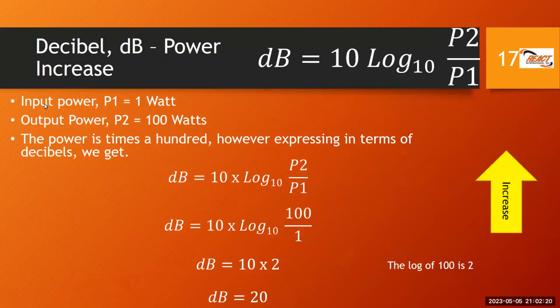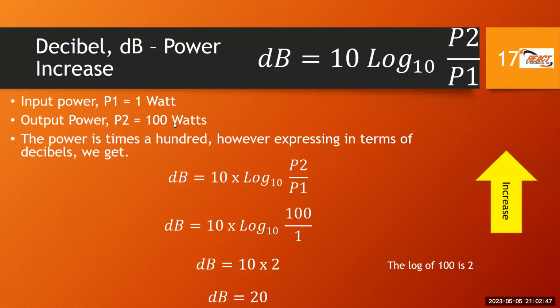Okay, so the input power is 1 watt, that's P1. The output power is 100 watts, that's P2. So remember we said 1 watt into the amplifier, 100 watts out of the amplifier. And we had said that's a 20 dB gain. Let's see how we calculate that. So from going from 1 watt to 100 watts, we know that the power has increased 100 times.